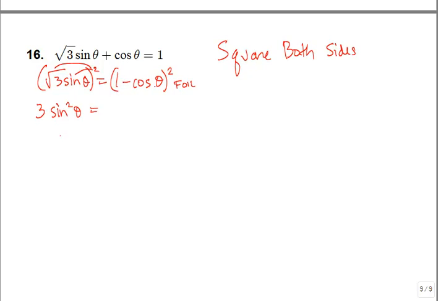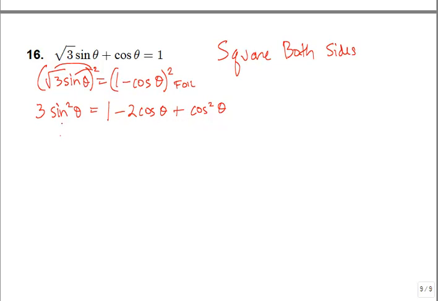You will get a middle term over here. You'll get that 1 squared, which is 1. You'll get a minus cosine theta and another minus cosine theta, which becomes minus 2 cosine theta. And then we'll get a plus cosine squared theta. So now we have some squares involved. So that means we can try to use some of our identities, like our Pythagorean identities. Notice on the right side we have all cosines.